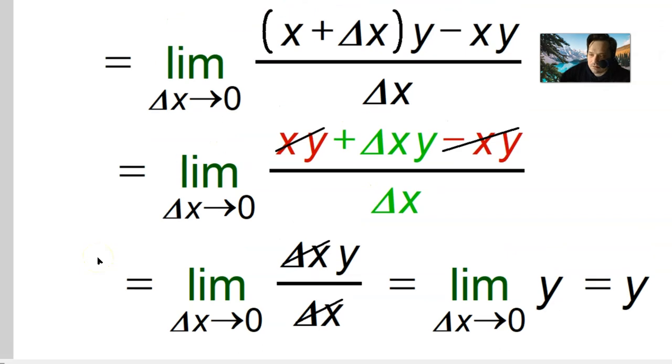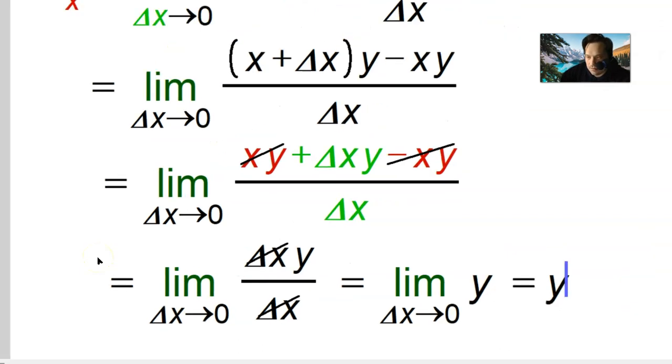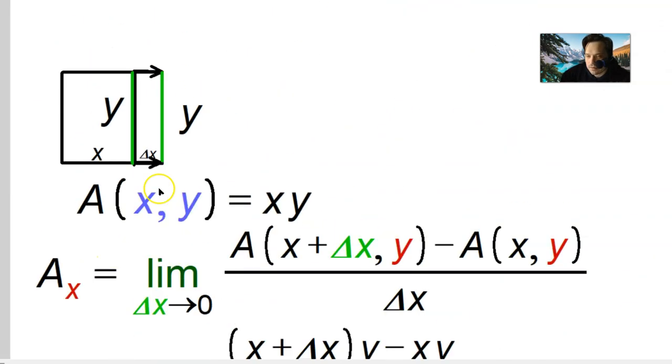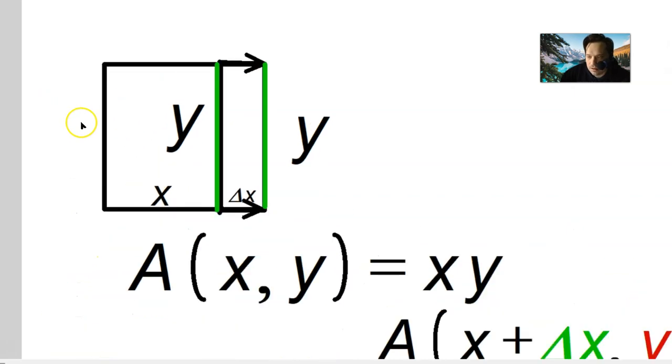But that's not surprising. If I zoom back out a little bit here, go back to the top, I've already shown you in the picture, correct? Look, when x increases by delta x, but assuming that y is this dimension, y still stays at y. It doesn't change, you see that? So the area of this little extra rectangle is roughly y times delta x.